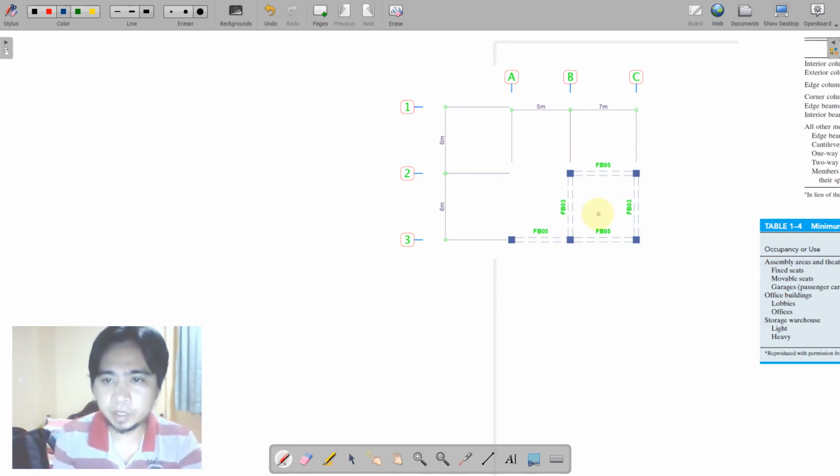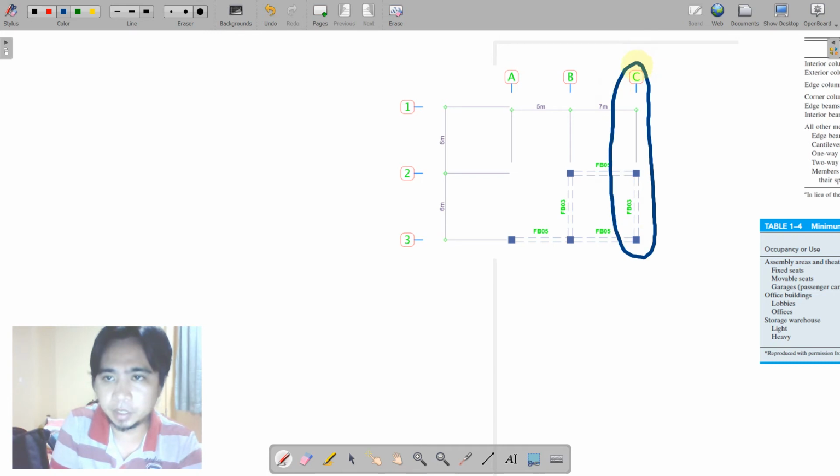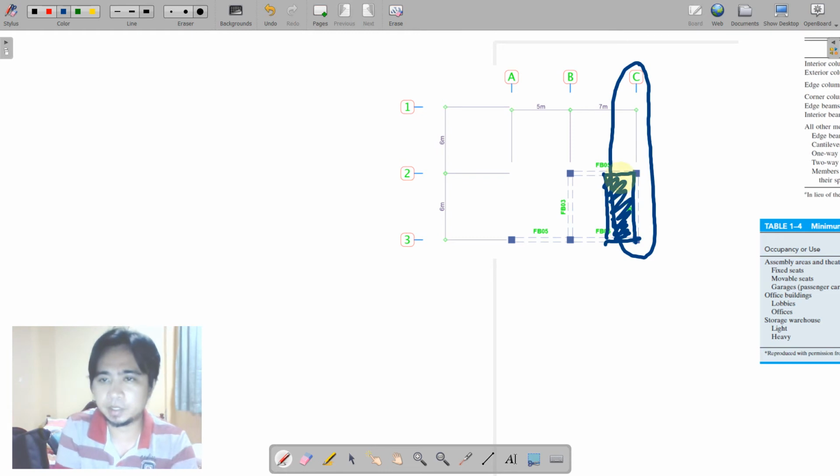We are now required to determine the uniformly distributed load at grid C. So we're going to focus our calculation at this portion, and then compute the load that is carried by this grid C. Perhaps we can have a shaded portion here. This is the tributary area that the grid C carries.